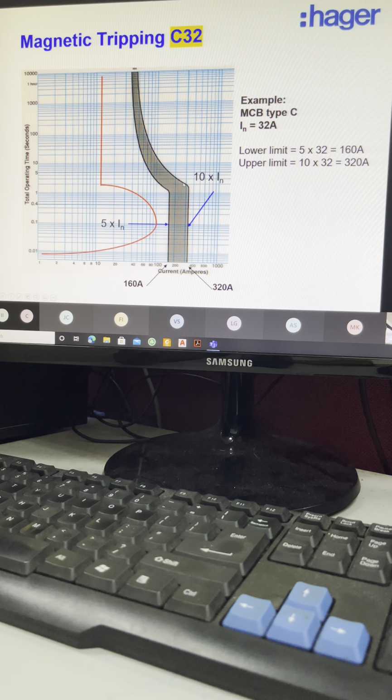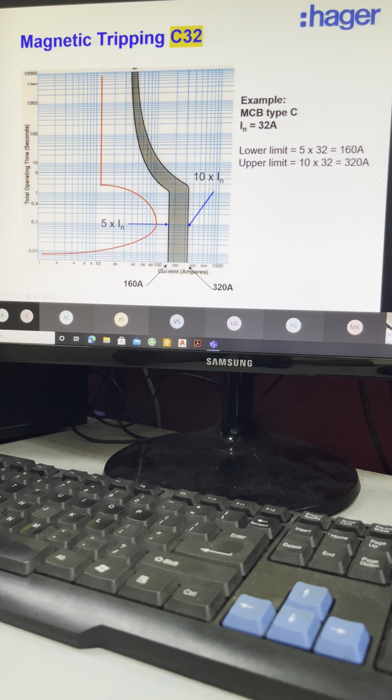Okay, so let's say you test a breaker and let's say here is C32, type C, 32 amps. So the lower limit is 32 times 5, which is 160. The upper limit is 32 times 10, which is 320 amps.